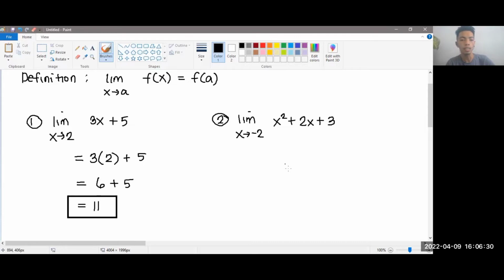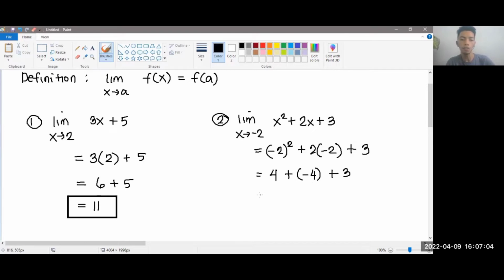So it means magiging negative 2 squared plus 2 times negative 2 plus 3. Basic arithmetic po, ang gagawin natin, square natin, negative 2 squared, then we have positive 4. We have 2 times negative 2, so we have negative 4. And then, plus 3, bring it down.